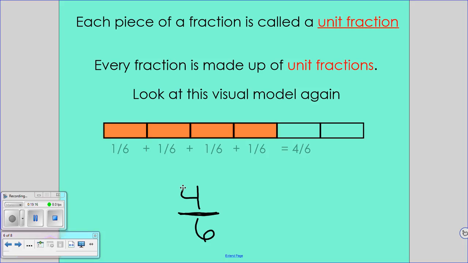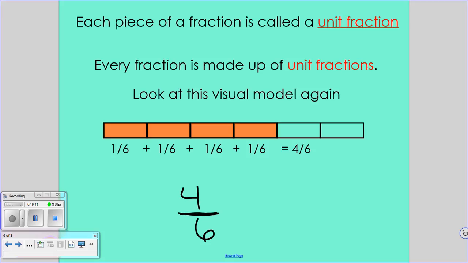This piece is 1/6. When I add 1/6 plus 1/6 plus 1/6 plus 1/6, I'm going to get 4/6. It's like saying 1 slice plus 1 slice plus another slice plus another slice is going to give me 4 slices. 1 brownie, 1 brownie, 1 brownie, 1 brownie.